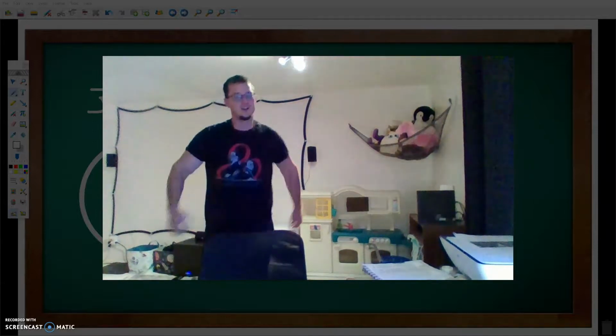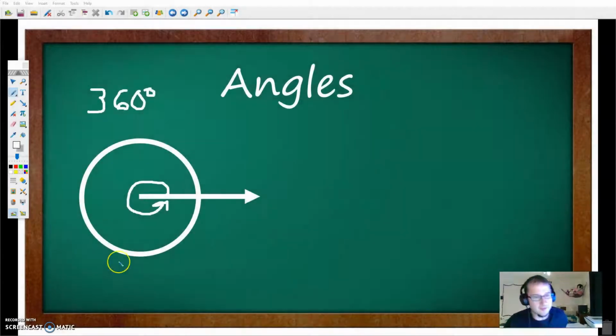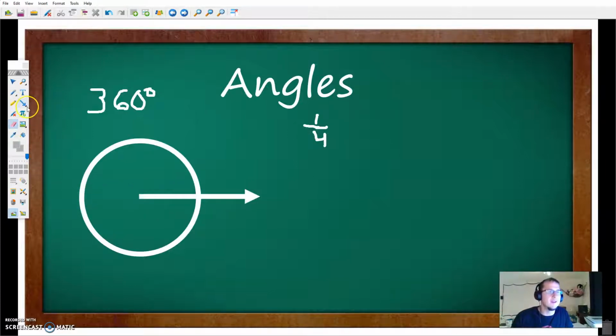All right. Now, all silliness aside, we are talking about 1/4 turns. So it's the idea then that I'm going to take this and turn it for 1/4 of the circle.